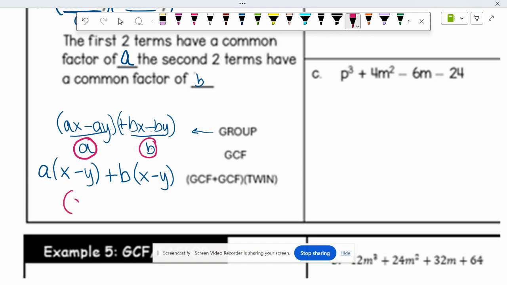So that looks like A plus B. Those are the 2 greatest common factors, right? Multiplied by the twin. Do I have a twin? Yeah, I do. X minus Y.